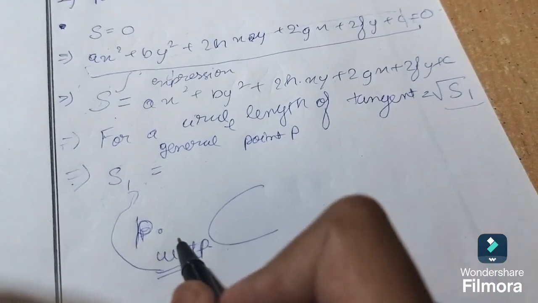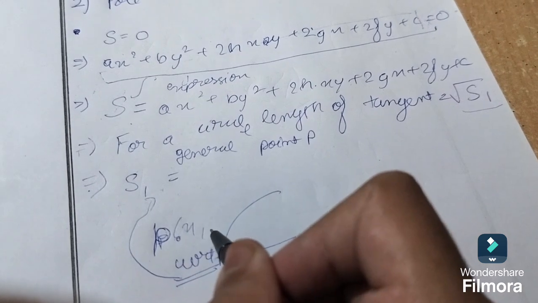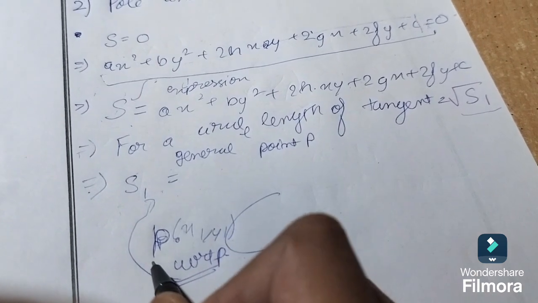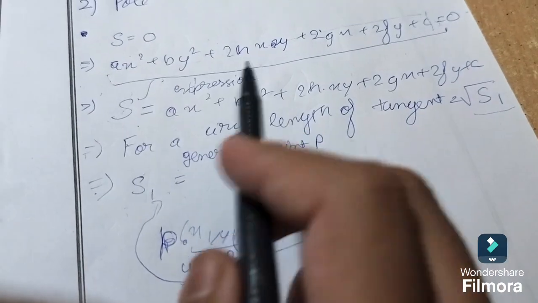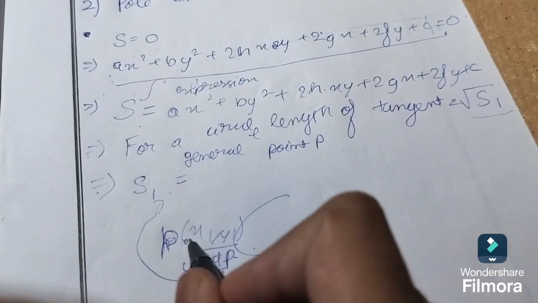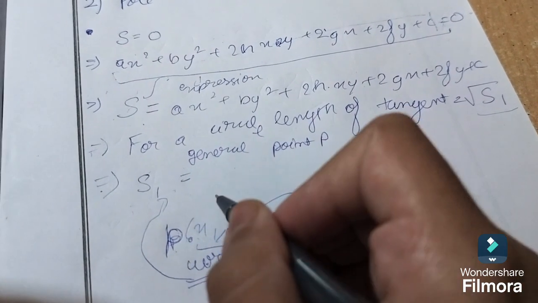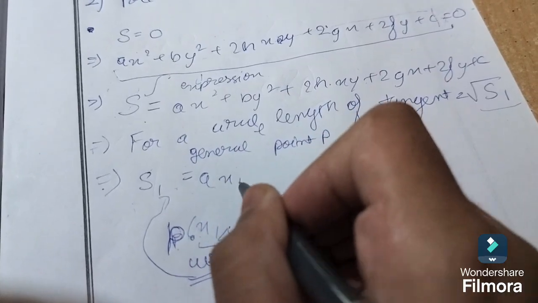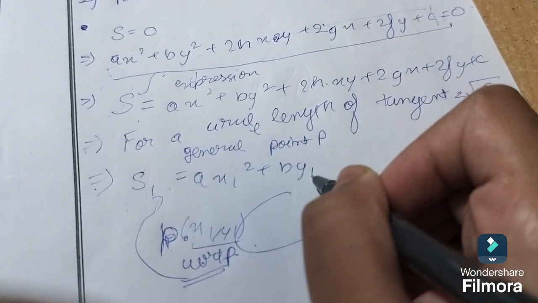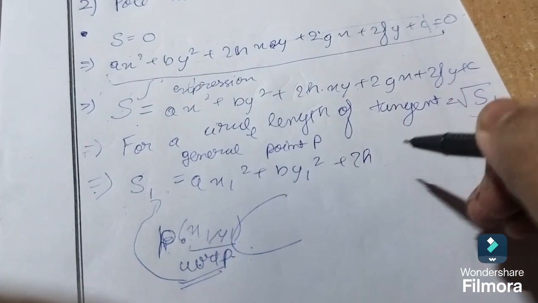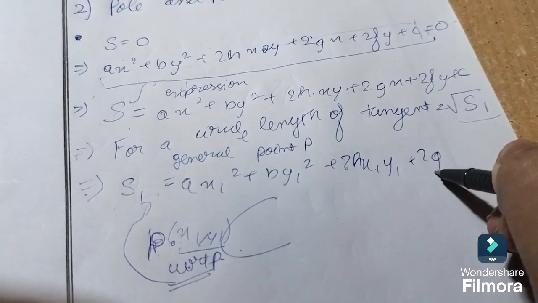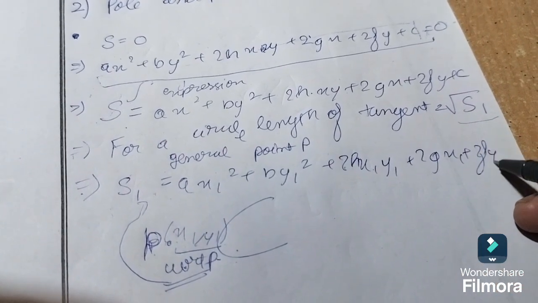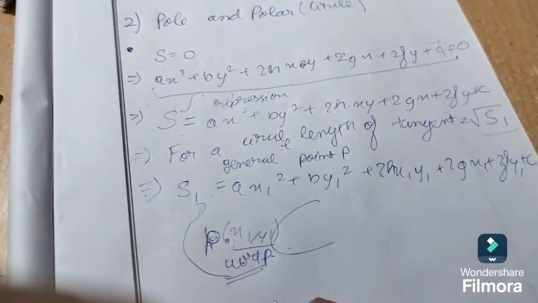Now let's say P's coordinates are x1, y1. As I said, with respect to P, that means in x and y we will put x1 and y1, because its coordinates are x1 and y1. So a x1 square plus b y1 square plus 2h x1 y1 plus 2g x1 plus 2f y1 plus c.